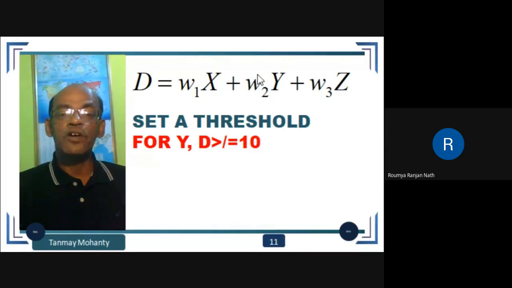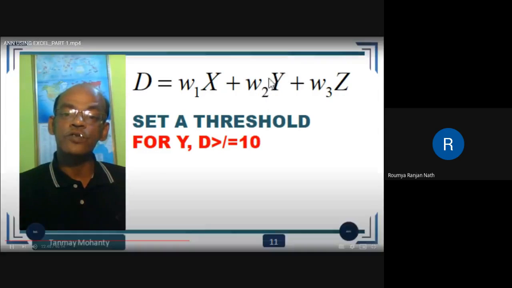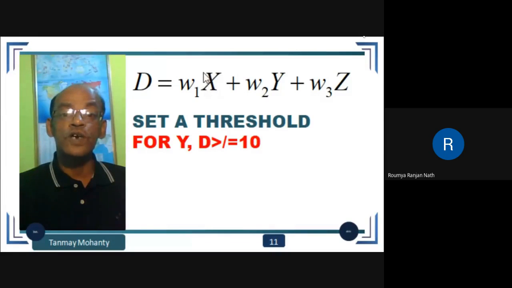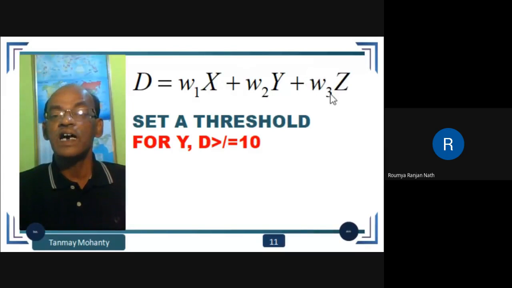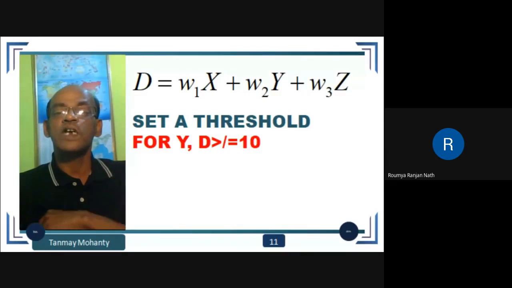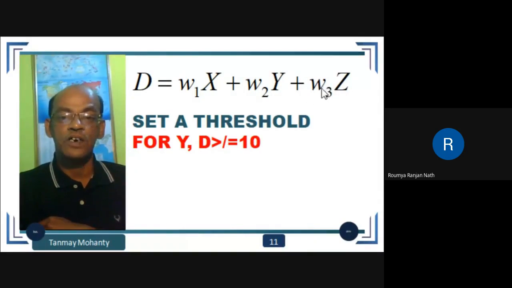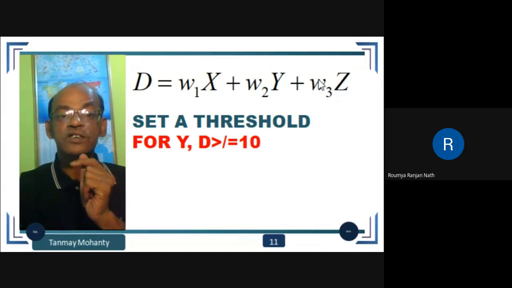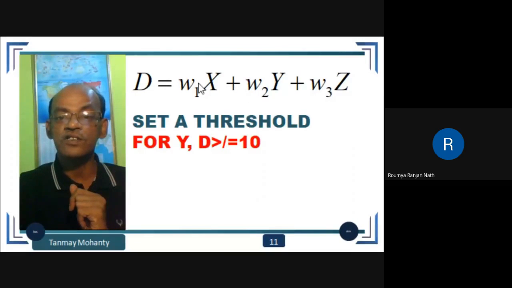Then I have got public transport available, so again 2 into 1, 2. 2 plus 2, 4. And here I don't have to spend, my father is spending. So Z is 1 and W3 is 5. So what is the result? 2 plus 2, 4, plus 5, 9.